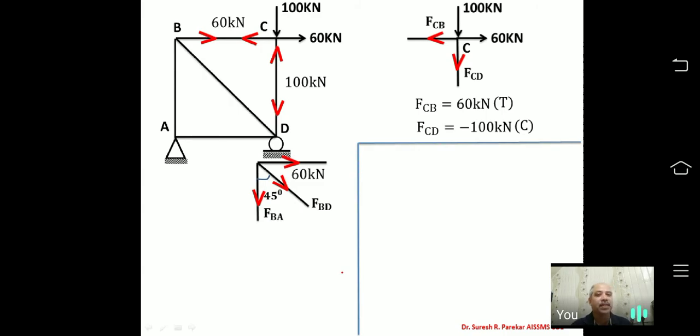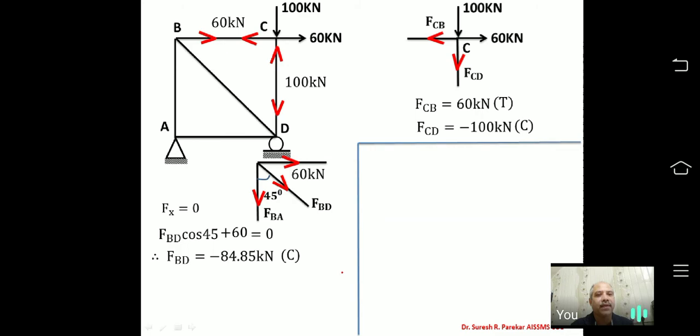So now apply ΣFx = 0, now apply ΣFy = 0. And by applying these, we are going to get force in the member BD, and we are going to get force in member BA. Now knowing these two forces in the members, we have to mark these forces in the diagram also.